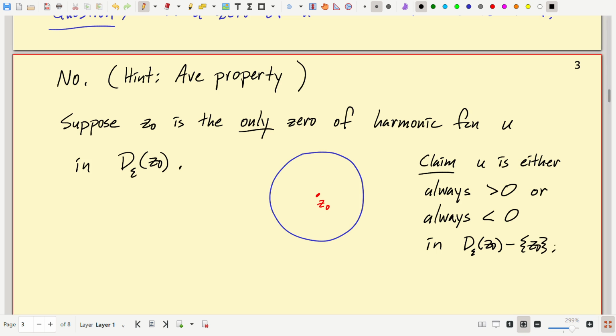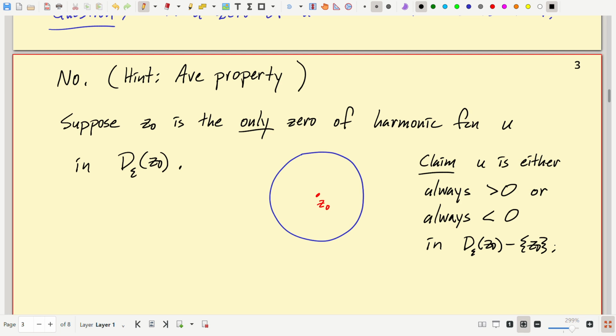Why would that be the case? I guess the natural thing is, if there was a spot where it was positive and another spot where it was negative... Yeah, you're thinking of exactly the right thing, the intermediate value theorem from freshman calculus.